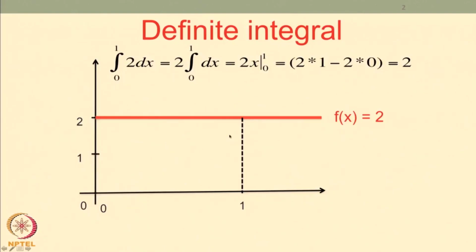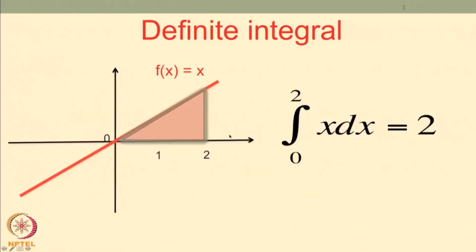That's what we learned. And if you have a straight line, where the function is x, then to integrate x dx from 0 to 2, you plot this function x first, mark the area between 0 and 2, and this area would be the integral, and the answer would be 2 in this particular case.